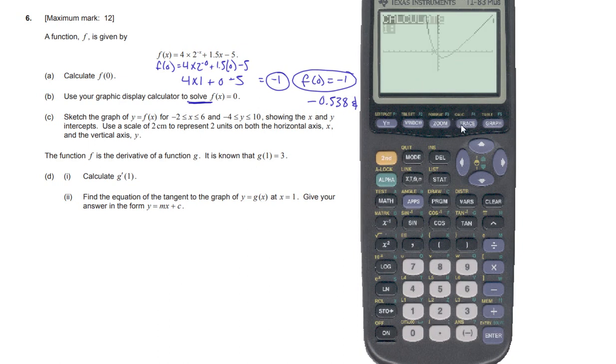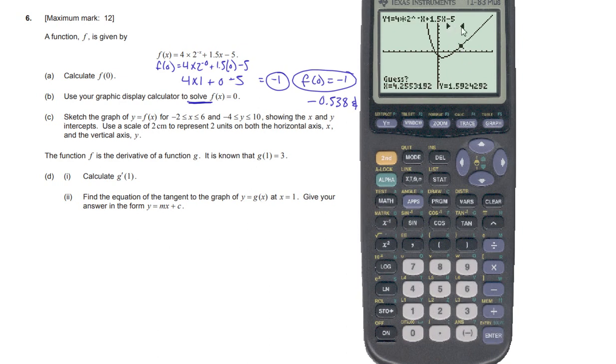So we do second, calculate, and again we want to find the zeros, and now we move it over here. This left bound means go to the left, before it crosses through the x-axis. So we do enter, and then now we have to set the right bound, to the right of where it crosses through.